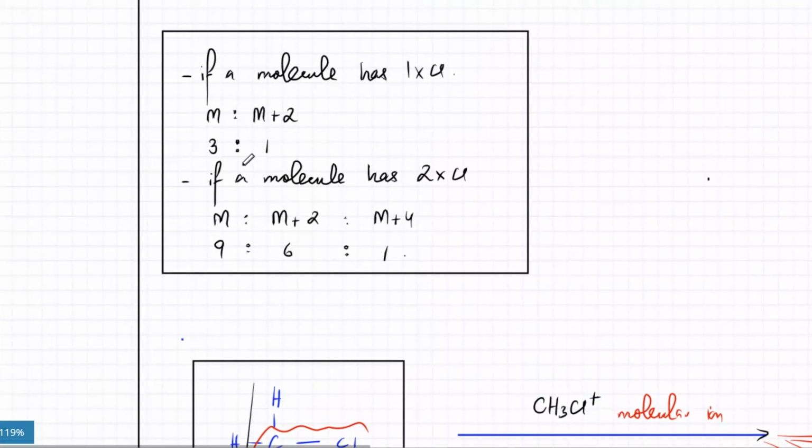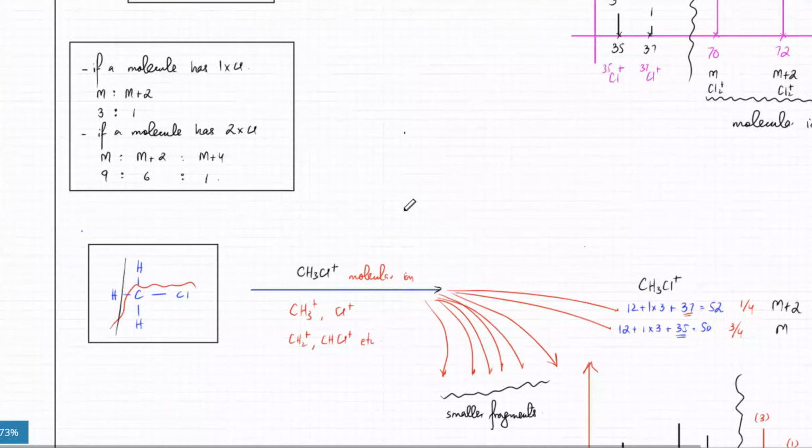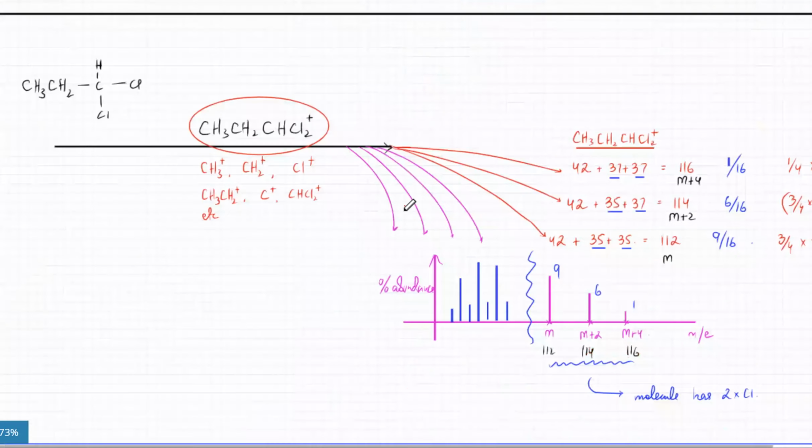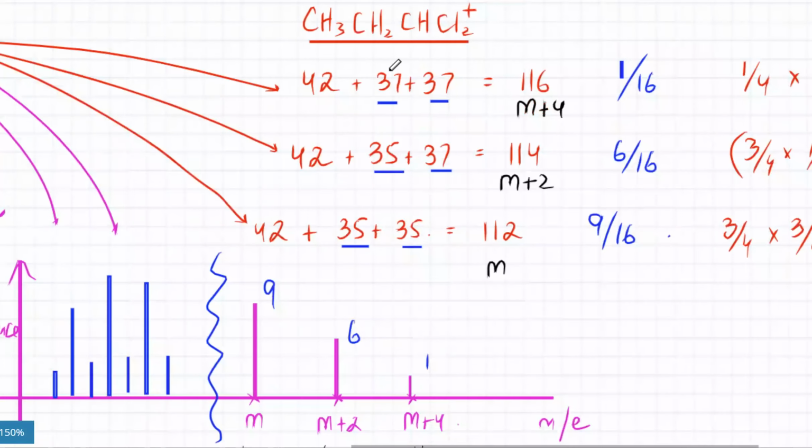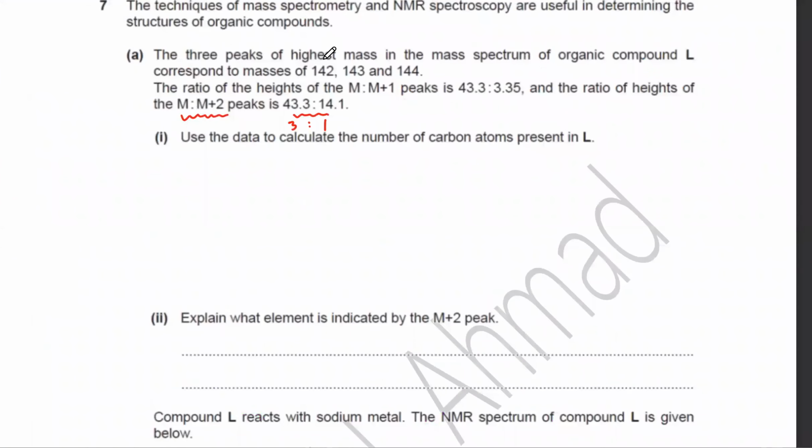Okay, there's going to be an m+2 peak and the ratio would be 3:1. अगर 2 chlorines होते ना तो फिर वो m+4 भी बनता. If you had 2 chlorines, अगर 2 chlorines होते ना तो एक और mass भी आ जाती उस particle की, ठीक है? It would have been a different mass as well. There would be a third different mass and the ratio would be 9:6:1. So this clearly indicates that the molecule has 1 chlorine, right?